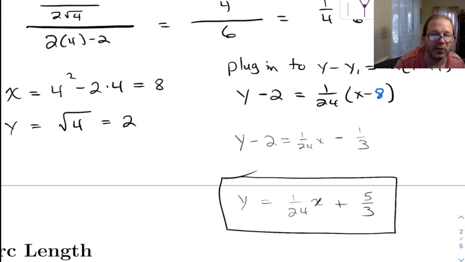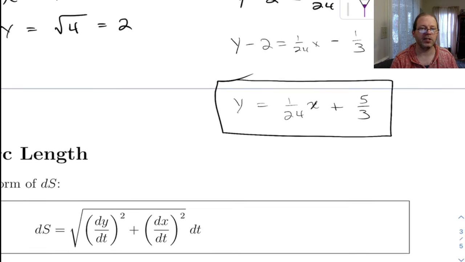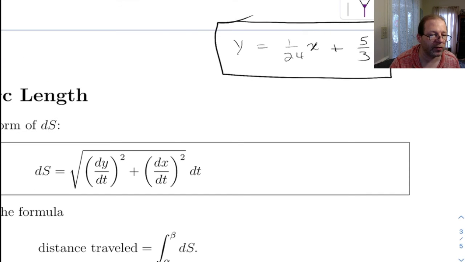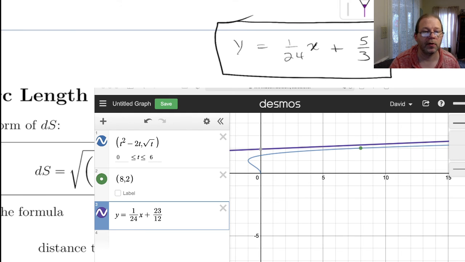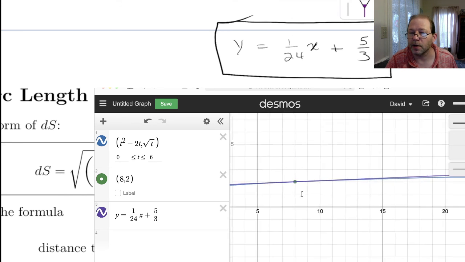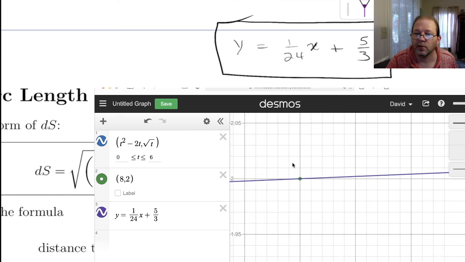So my slope is the same as before, but that changes my y-intercept to 5/3. Let's plot that and see what happens. If I change this to 5/3 over here, yeah, dead on.